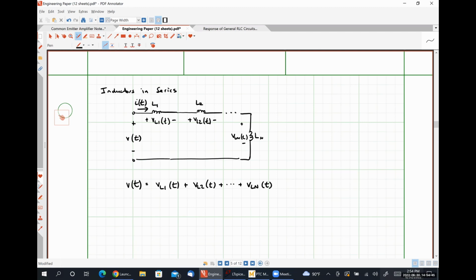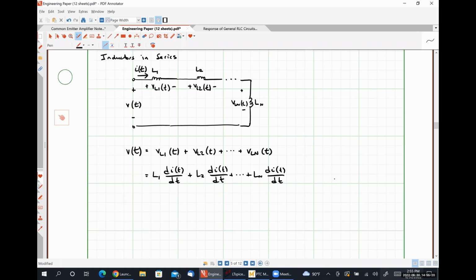Now I'm going to express all of those inductor voltages in terms of my inductor current, I of t. So that's going to look like L1 times di by dt plus L2 times di by dt all the way out to Ln di by dt.